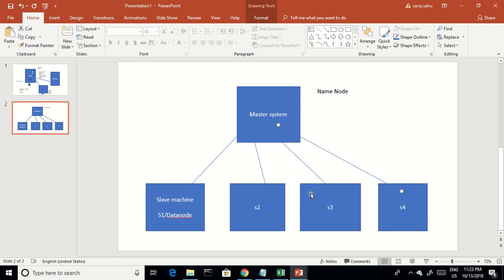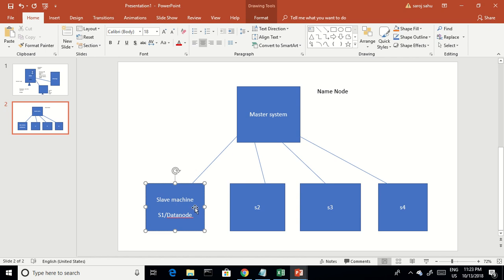So systems are interconnected with network cables, and after that we have to install the operating system in all the machines. In this machine configuration, it may be homogeneous or it may be heterogeneous. What does it mean? The configurations are different. Maybe the hard disks are different.